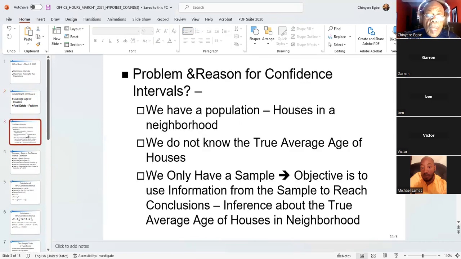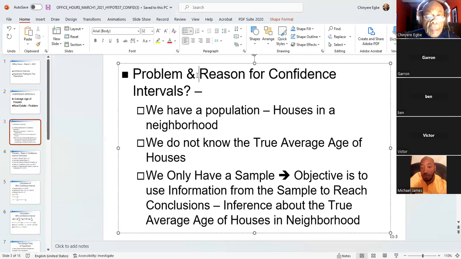And the problem, as I said, is that we have a population of houses in a neighborhood. Actually, that is the subject. This population of houses is what you're looking at.